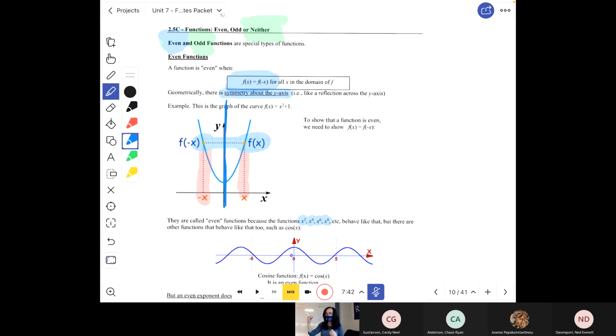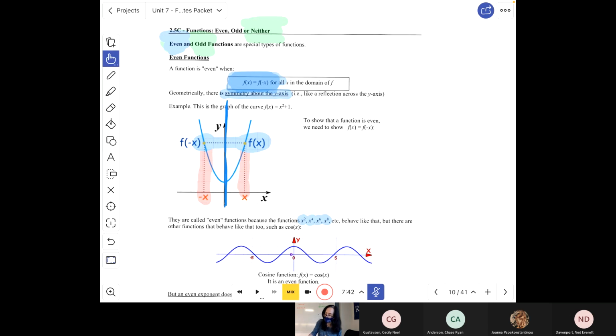Like x squared plus 1 minus 2x, et cetera. If I've applied any transformations away from the parent, just because the highest exponent of x is even does not make it an even function. You'd have to show this algebraically.